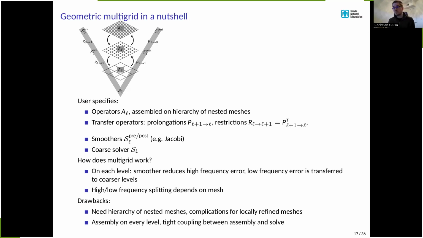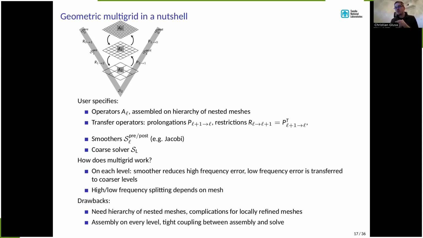As a user of multigrid, what we will specify is a hierarchy of coarser approximations of the same problem. If we have assembled our problem on this very fine mesh at the top, we'll have a hierarchy of coarser meshes, and we'll assemble the same non-local operator on each and every one of them. What we will also have are operators that allow us to move data between these different meshes. Typically these are interpolation operators, and then their transpose.